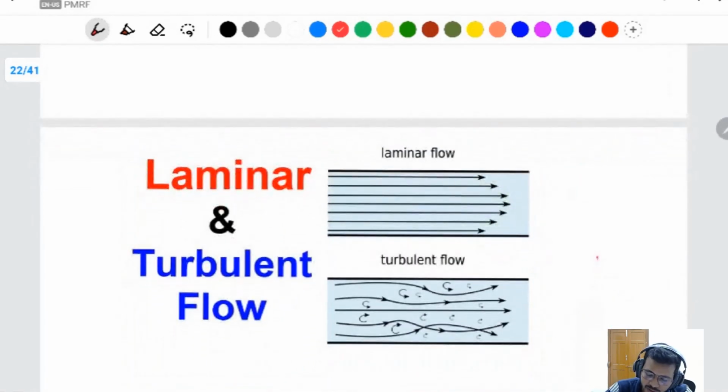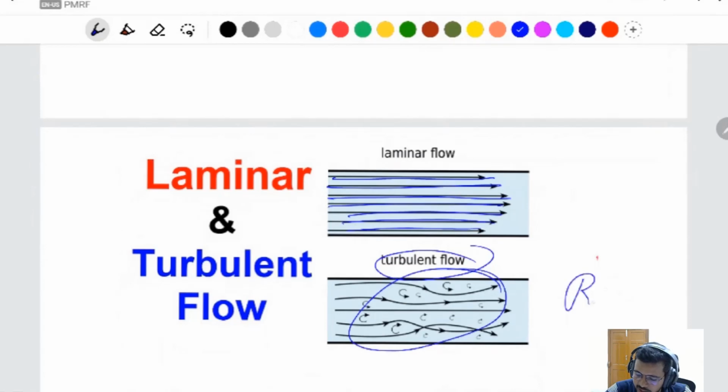In laminar flow, all the wave rays go in a straight line, but in turbulent flow some distortion also occurs in this medium. That's why here the Reynolds number is greater than 5 into 10 to power 5, and here the Reynolds number is less than 5 into 10 to power 5.